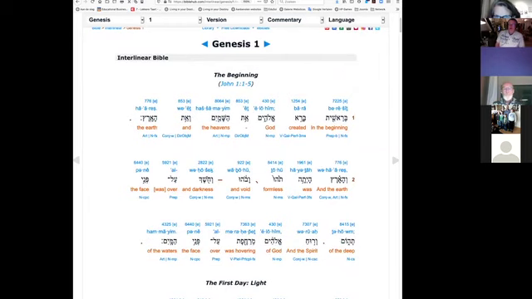And maybe I shared this earlier, but in Genesis 1, except for verse 1, that's the exception. This is a bet. All the other verses start with a vav. Let's have a look at it.